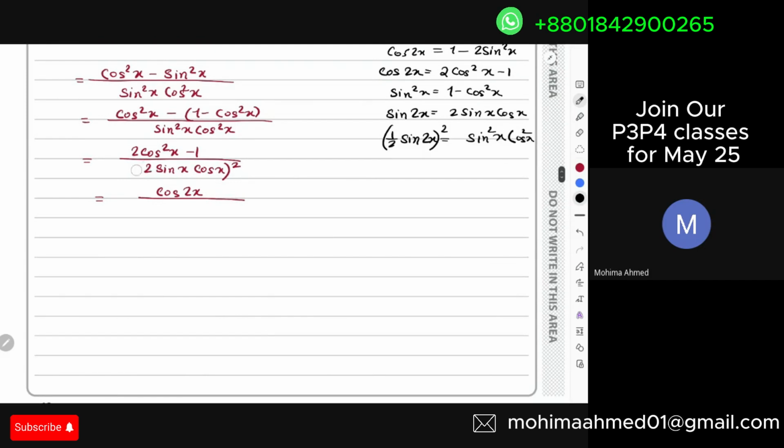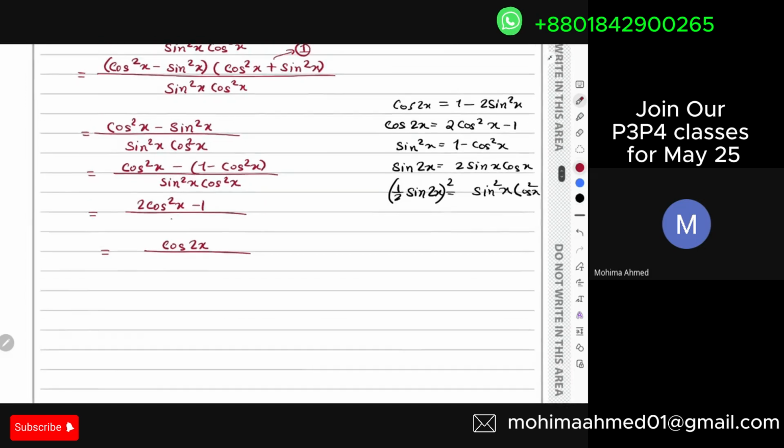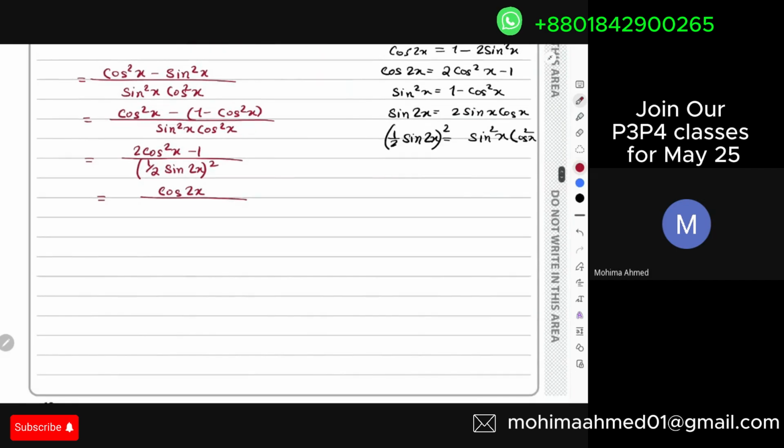So now over here I can directly write that I have 1 by 2 sine 2x whole square. I can break down this 1 by 2, or I can just write this 1 by 2 whole square separately. So you basically have cos 2x, 1 by 4, and then sine 2x sine 2x. I can write this 4 with the numerator as a fraction, right?